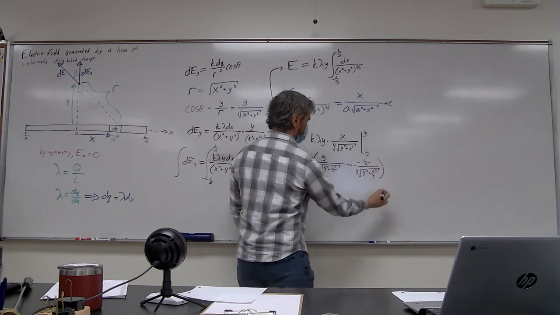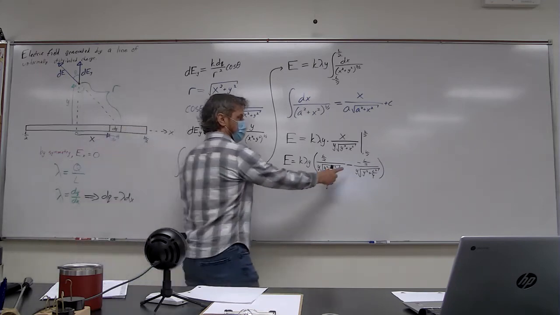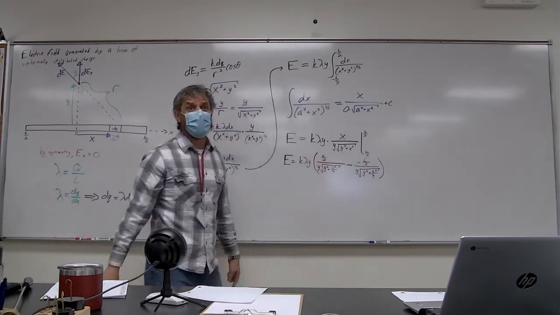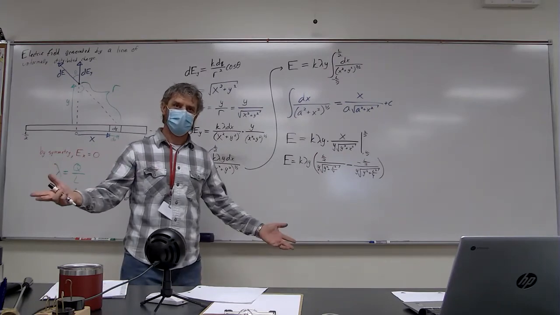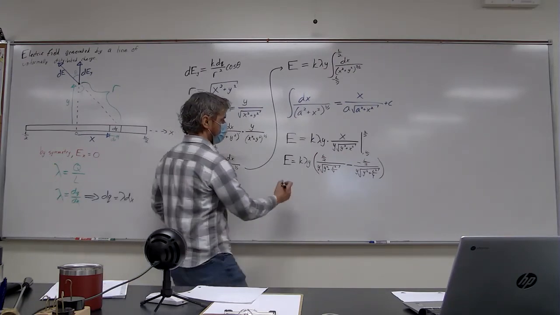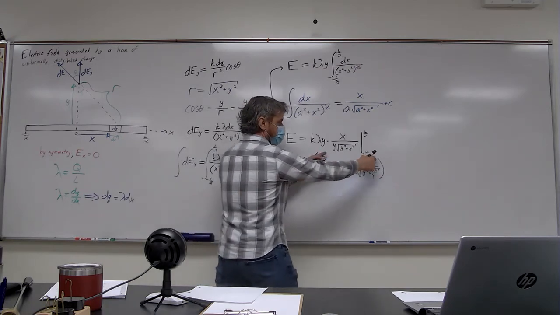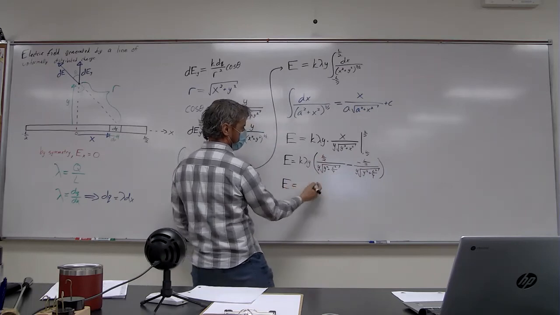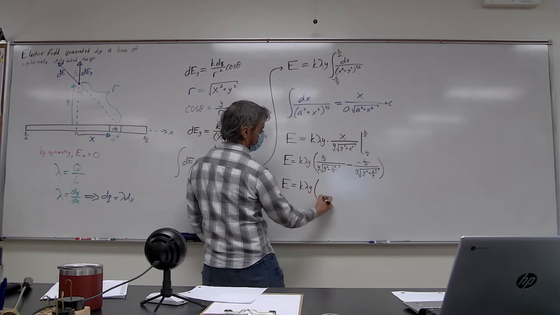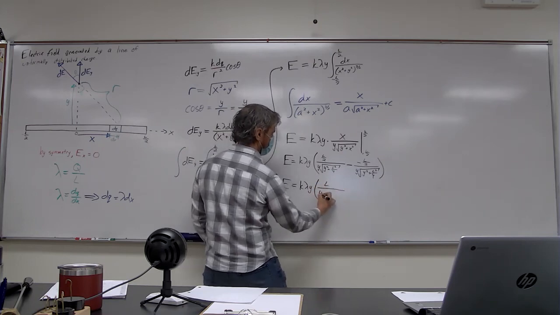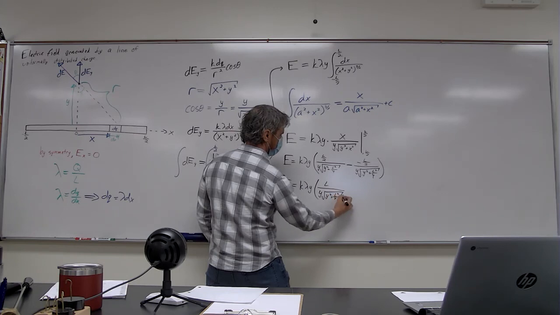So I have a negative and a negative, so I'm going to end up adding L over 2 plus L over 2, which gives me 2L over 2, which gives me L. So I have L in the numerator over this. So when I evaluate that, I end up with K lambda times Y times just L over Y square root of Y squared plus L squared over 4.